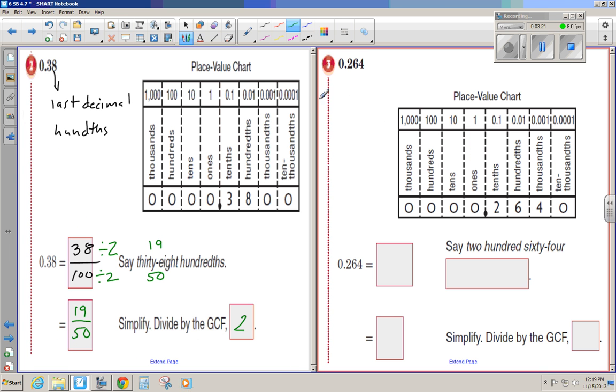Here's one more. So the last decimal is a thousandths. So once again, the number part goes in the numerator. The denominator then is thousandths. All right, so we say 264 thousandths.